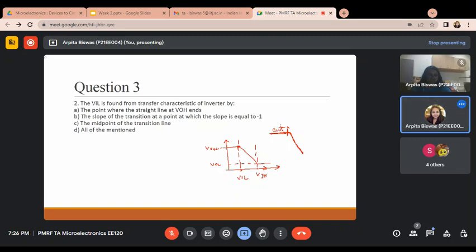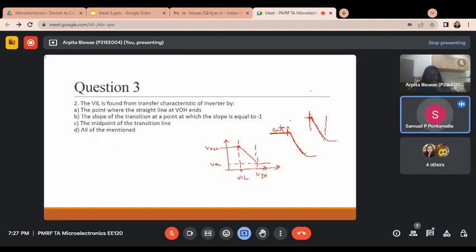If it is up to the end of this VOH, it is in cutoff mode. Here it is ending, and then there is a small non-linear part, then linearly it is going back. V input low means if you are giving that much voltage, the BJT is in the on stage.